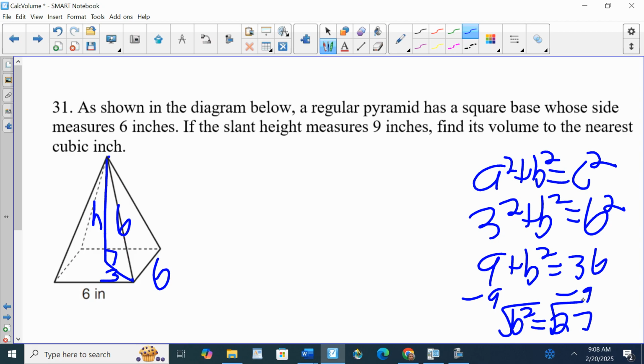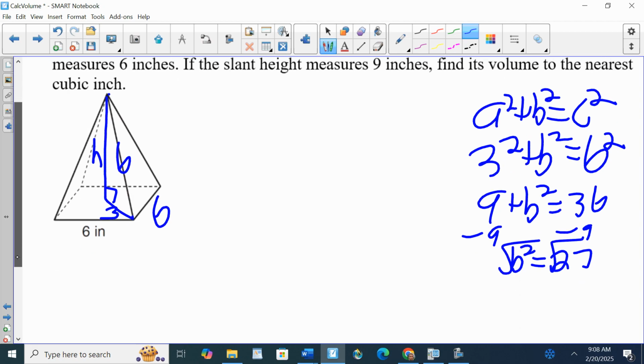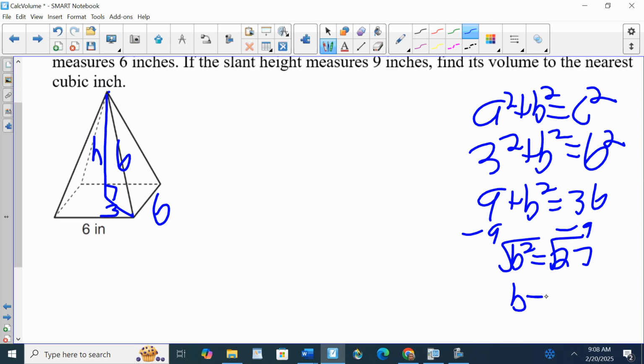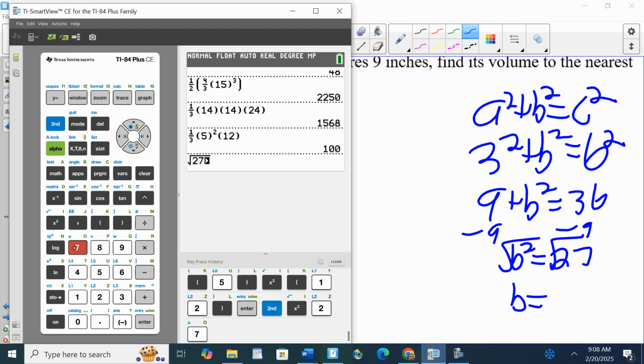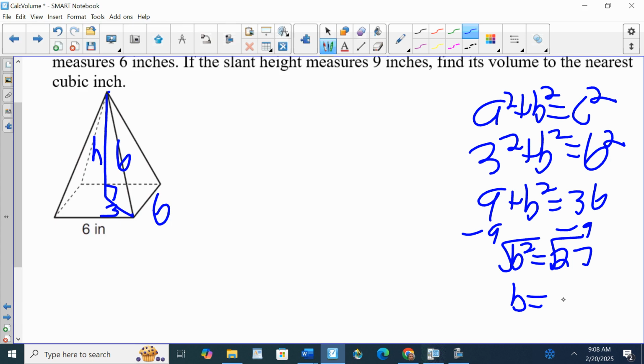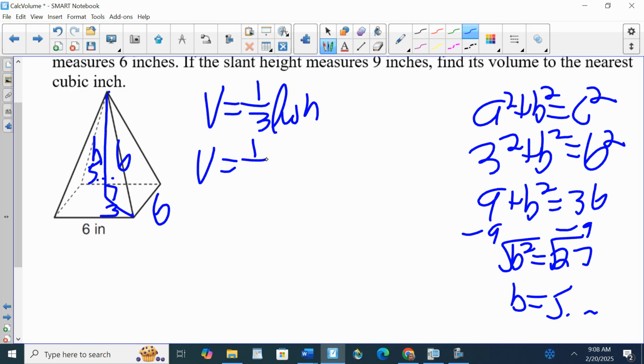Square root. So this is what I was saying before, where it might not be a nice number. You could leave it as radical 27, or you're probably better off making it into a decimal. Either way is fine. 5.5 dot dot dot. And now that I have that, v equals 1/3 length times width times height. V equals 1/3 length and width of the pyramid are 6 and 6.